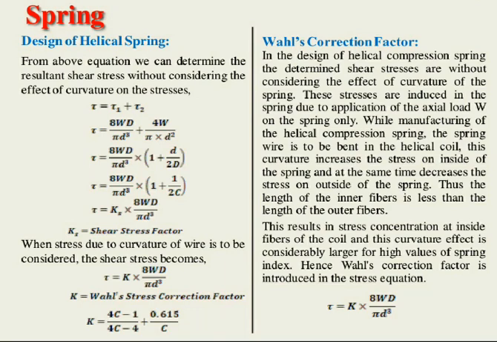While manufacturing the helical compression spring, the spring wire is to be bent into a helical coil. Obviously, if we have to design a helical spring, then we have to bend it into a helical shape.